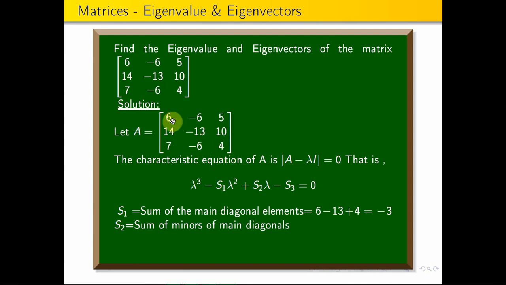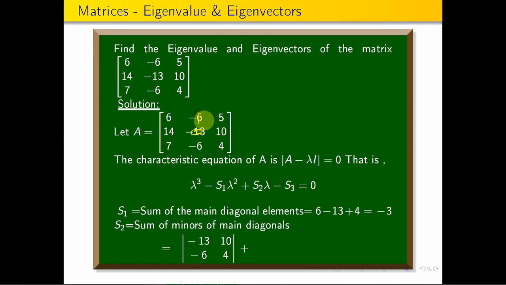If I take the first diagonal element, then close its column and row, and find the determinant of the remaining matrix, which is determinant of minus 13 10, minus 6 4. Plus, the next diagonal element is minus 13.